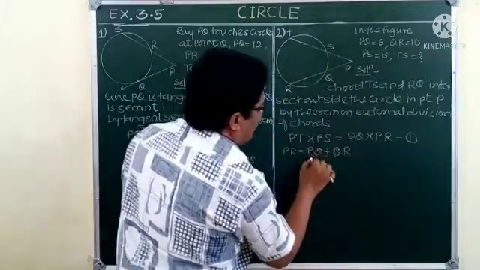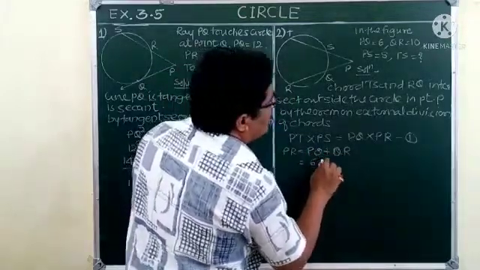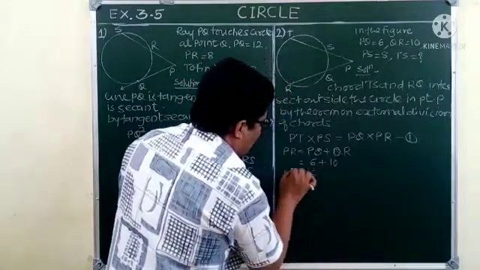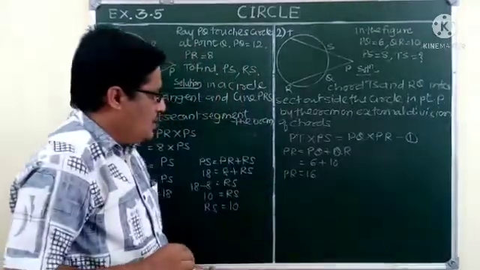So PQ is 6 plus QR is 10 is equal to 16. So PR is equal to 16.